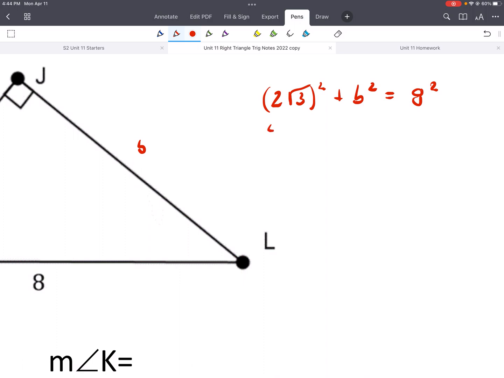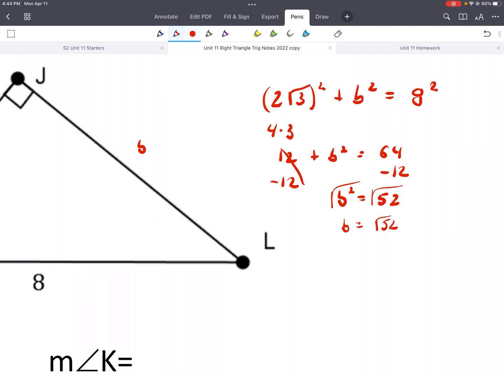So 2 squared is 4, and the square of square root of 3 is 3. So we get 12 plus b squared equals 64. Subtract both sides by 12, and we get 52. And we'll square root both sides, and we'd get b equals the square root of 52.